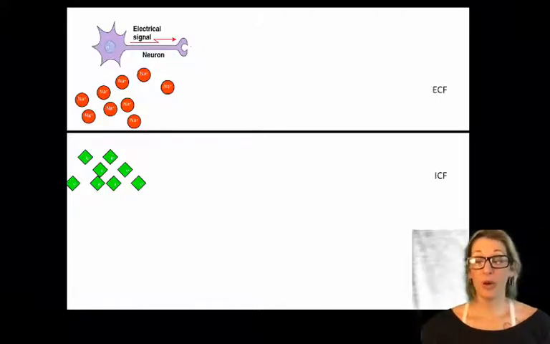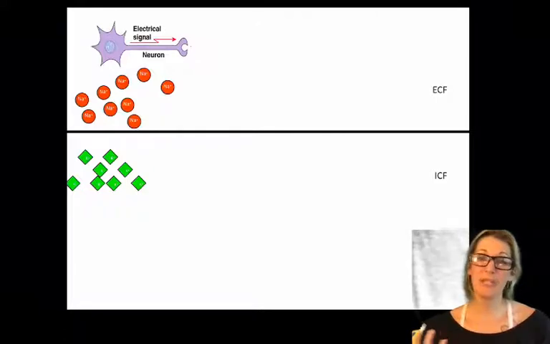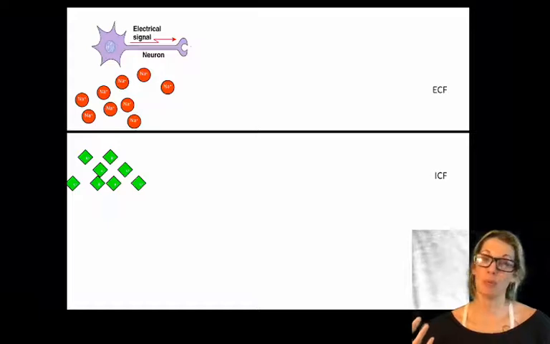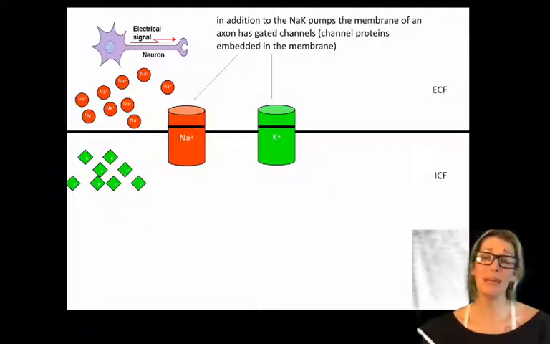So hopefully you thought, oh, well, the sodium-potassium pump. Remember, we spent some time talking about the sodium-potassium pump, and what that does is establish a resting membrane potential, the negative inside relative to the positive outside. In addition to the sodium-potassium pump, which is a protein embedded in the plasma membrane, embedded in the membrane of a neuron are gated channels that are also proteins.